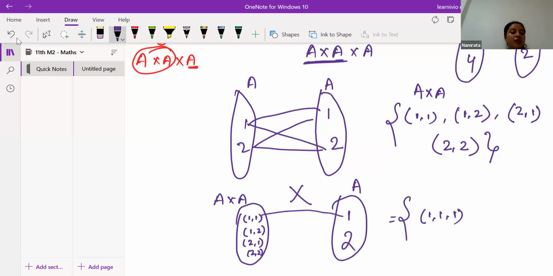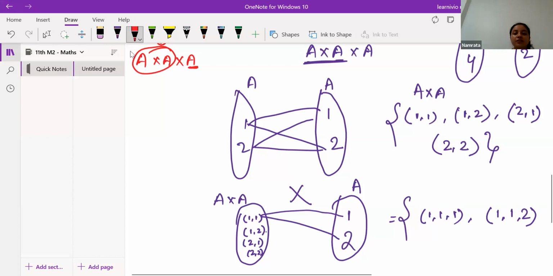Are you getting it? Yes, ma'am. Similarly, 1, 1 with 2, so the next is 1, 1, 2. After that, let's go to the next element, 1, 2. We will have 1, 2 with 1, so 1, 2, 1.